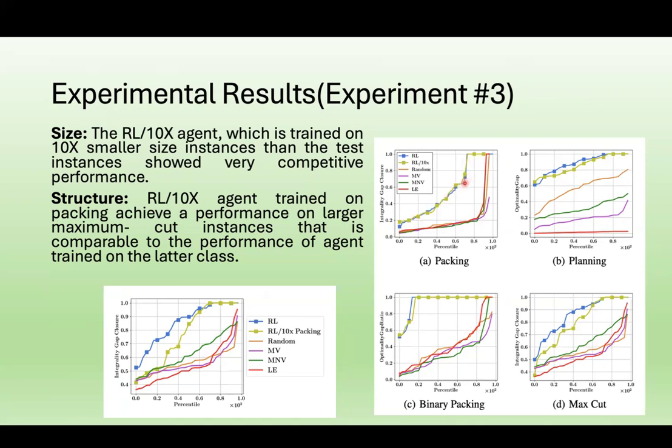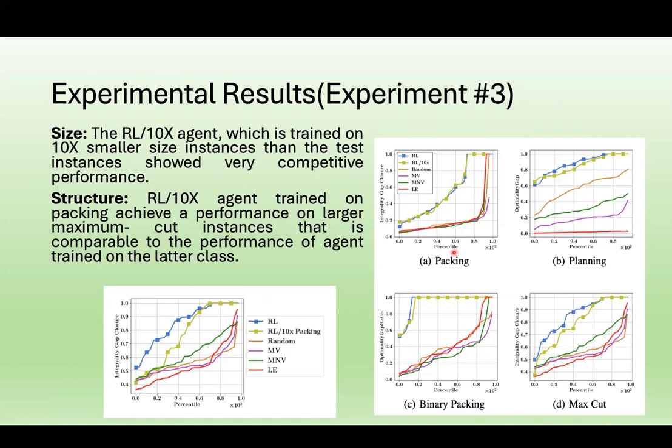So let's say for a packing problem, there's an IP instance of size X. The RL agent denoted by green, the RL by 10X agent, was basically trained on IP instances of size X by 10.